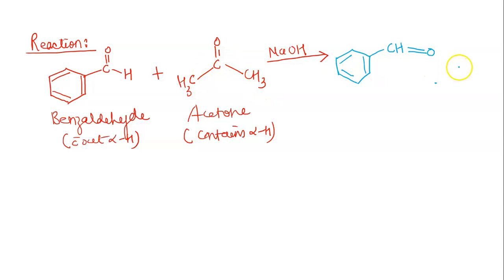So I'm going to draw acetone like this, CH and H2. So 2 plus 1, 3 hydrogens, CH3. And you can draw the remaining compound as it is. Now this is condensation, so one molecule of water will be removed. Water is H2O. So O comes from benzaldehyde and H2 comes from the ketone.